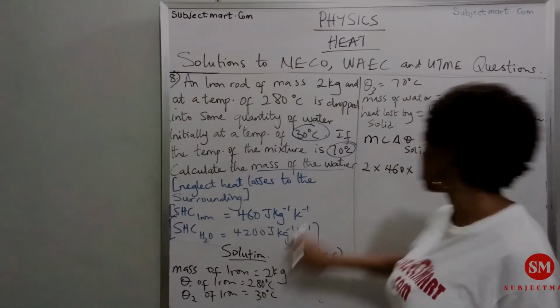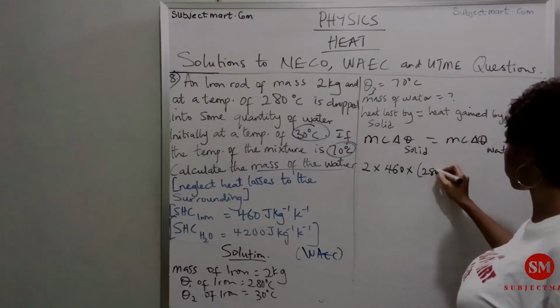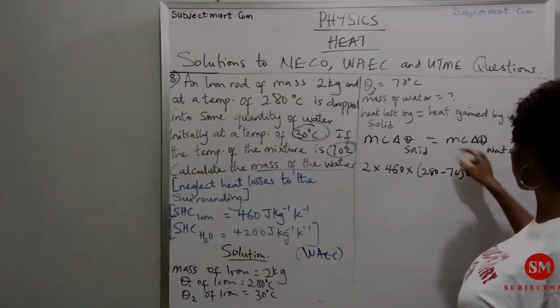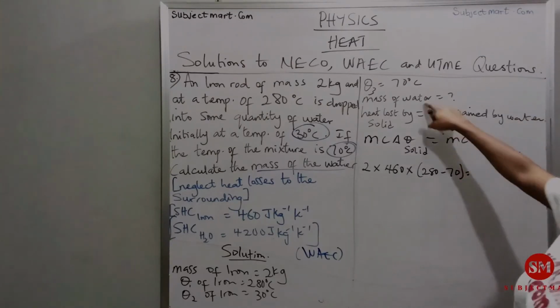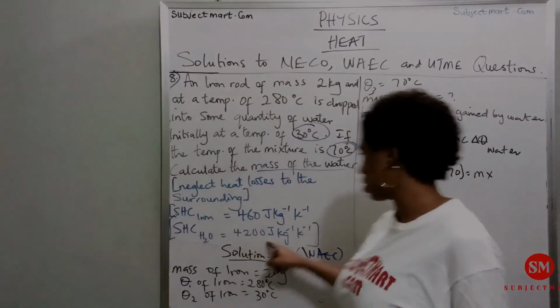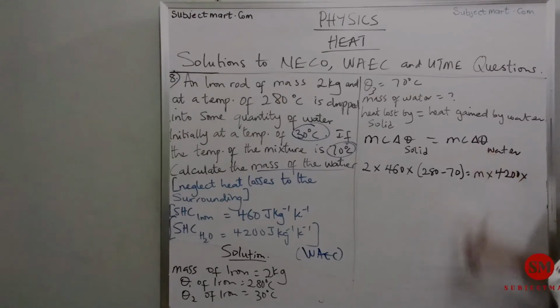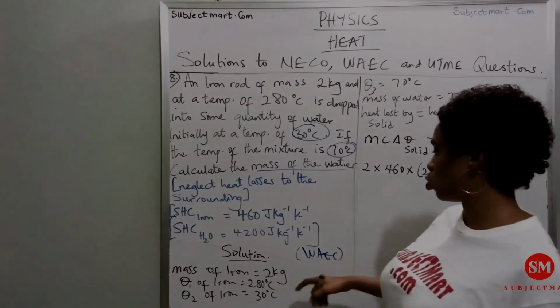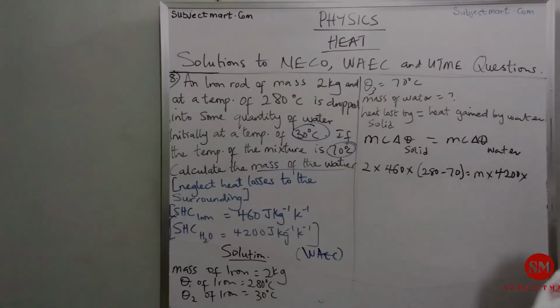That's 280 minus 70. The mass of water we are not given, so that's what we have to find. The specific heat capacity of water is 4,200. The change in temperature, theta 3 minus theta 2. Theta 3 is 70 and theta 2 is 30. So 70 minus 30.